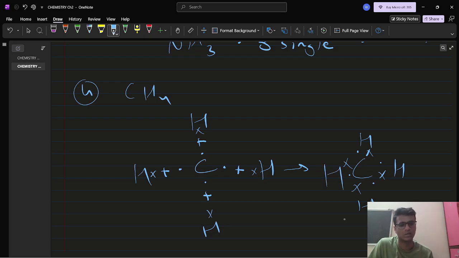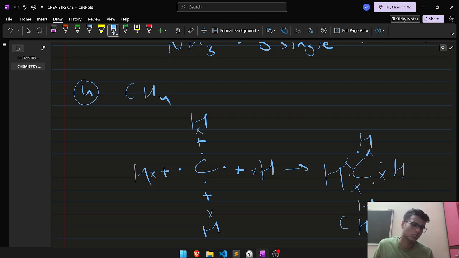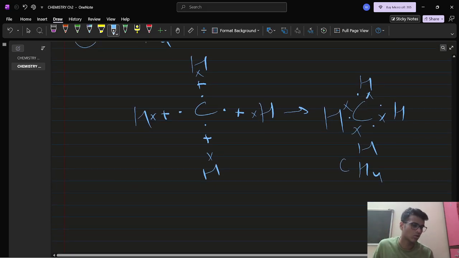This is methane, CH4. After each one write: dot is electron of this, cross is electron of this, all that. So this was essentially the dot and cross structure.